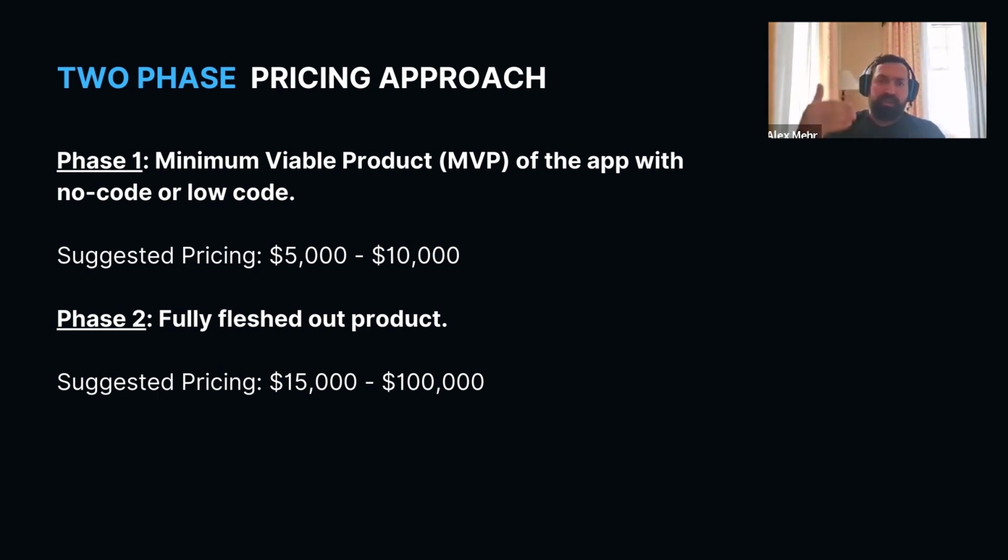Say you're an AI marketing agency working with clients, and someone says, I have a fitness training program. Can I build an AI app that takes my customers' training, weight, and diet and gives them a customized plan?